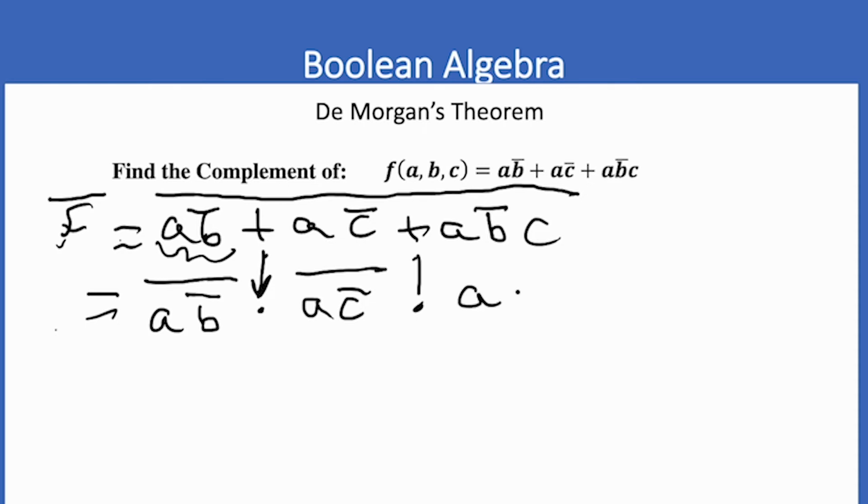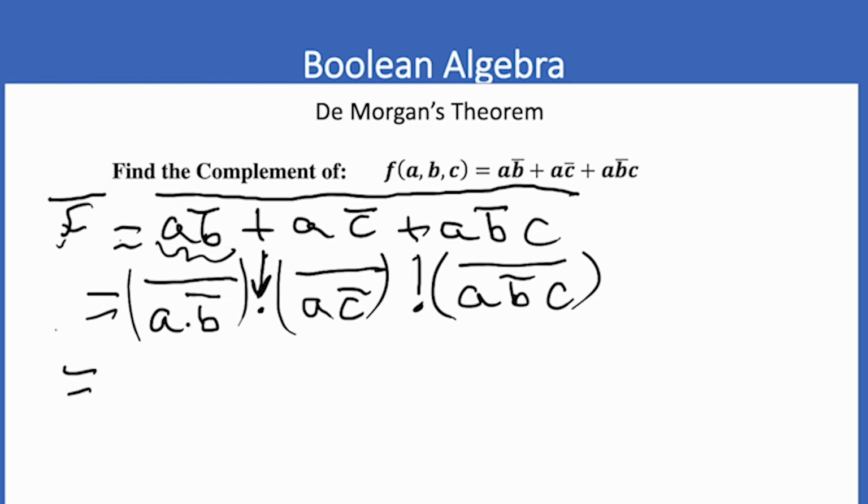And this is going to be A B bar C, the whole thing complemented. Let's keep going. We're going to get rid of this bar because the idea is to get down to single variables, not two variables with a complement bar over the top. So this one right here is going to go to A bar, this is going to go to a plus, and this is going to go to a B bar bar.